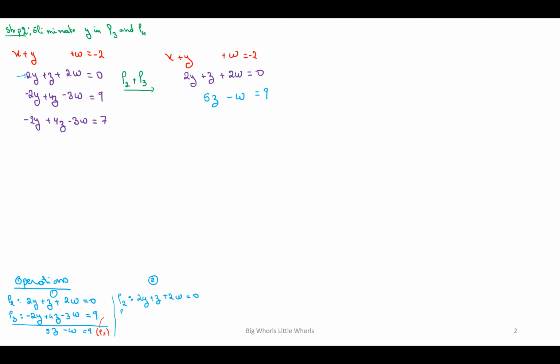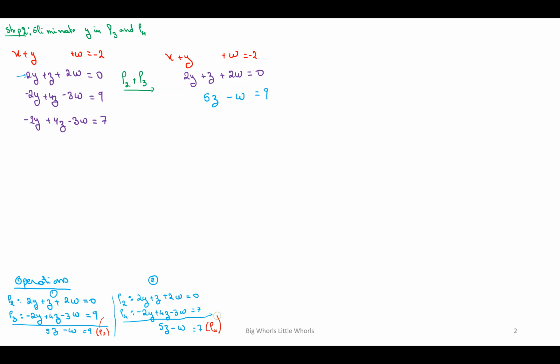And row 4 is equal to minus 2y plus 4z minus 3w equals 7. So 2y minus 2y is 0. I have here 5z minus w equals 7. Okay, so this is going to be my new row 4.